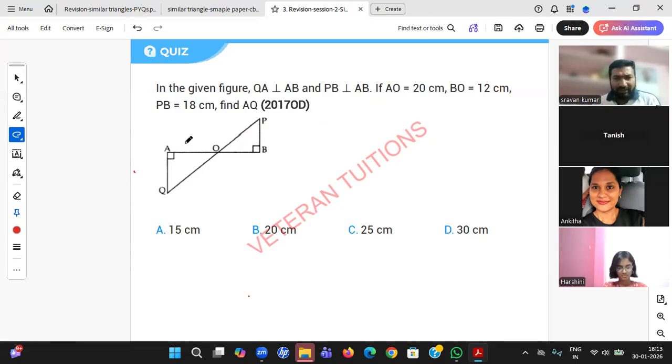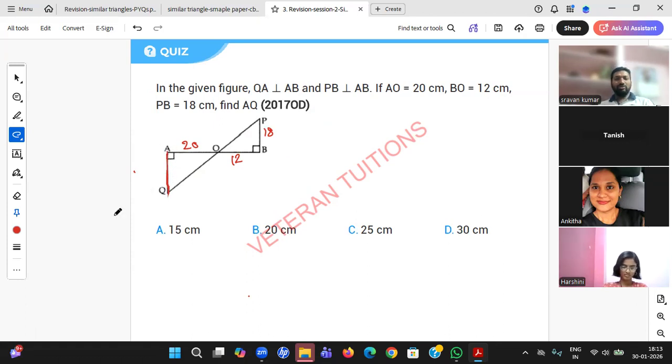AO is 20. This is 20 centimeters. Please cross check centimeters; they all should be the same unit. OB is 12, PB is 18. He's asking AQ. So he's asking this side.